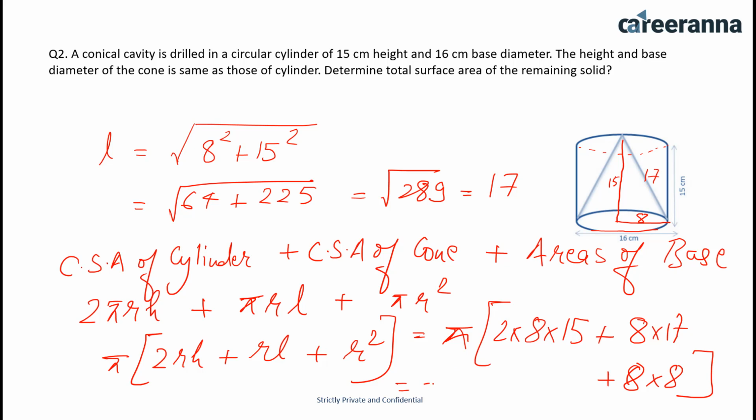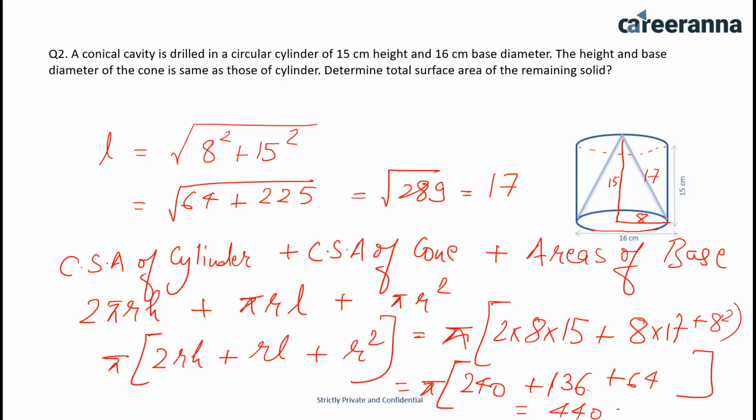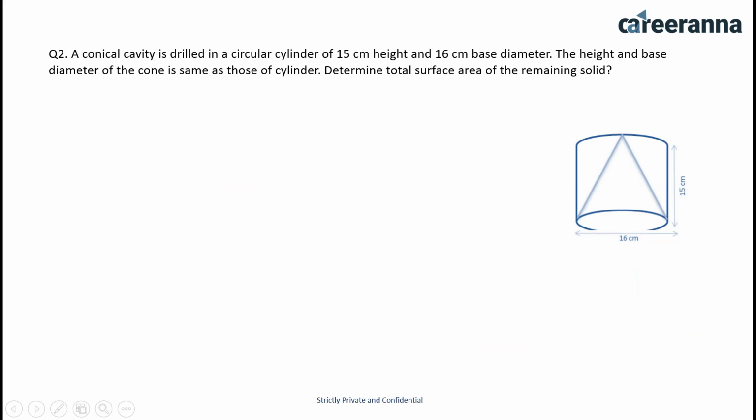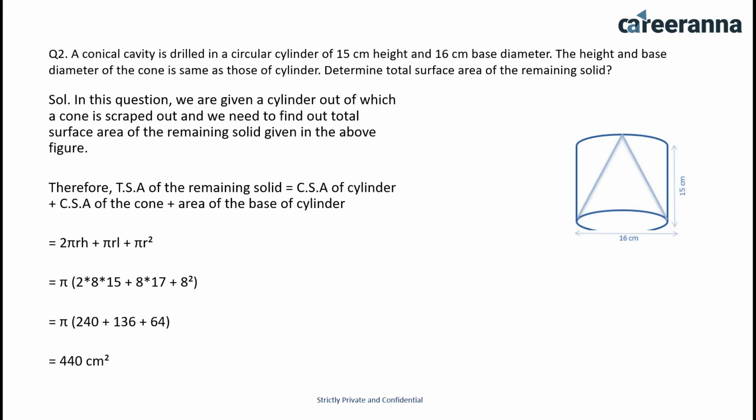This value comes out to be pi times, 15 8s are 120, 120 into 2 is 240. Now 17 8s are 136, and lastly 8 square means 64. This value comes out to be 440 pi. So our answer to this question is 440 pi. Let's look at the solution to this question. Moving on to the next question.